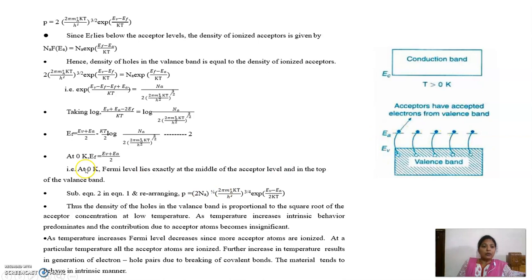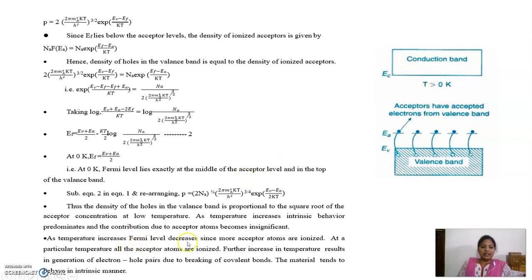If you substitute this EF value in the above equation, you get p is equal to 2 into Na whole power 1 by 2, into (2 pi m star h k beta T by h square) whole power 3 by 2 into exponential of (EV minus Ea) by 2 k beta T. That is, the density of holes in the valence band is proportional to the square root of the acceptor concentration at lower temperature.